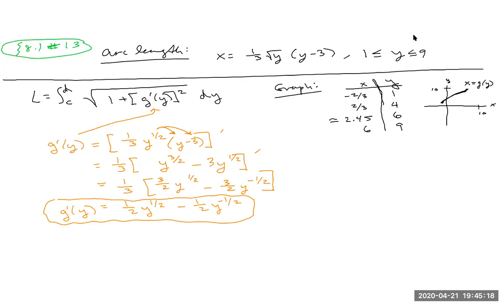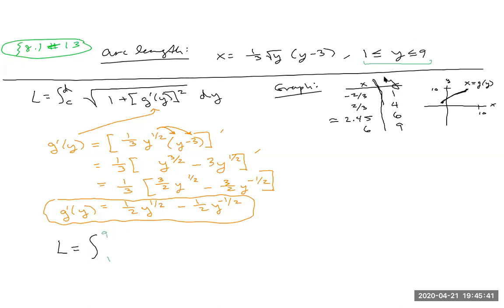Okay, so also let me make some emphasis with the bounds here. Your bounds are given here for y. So when you create your integral L, that'll be the integral from C to D, which is 1 to 9.